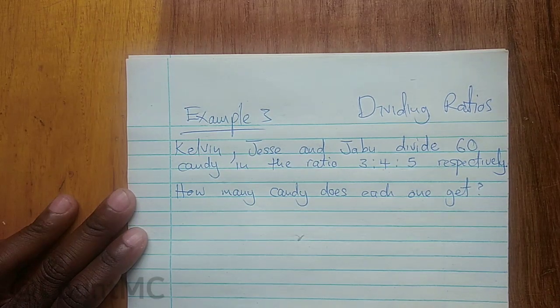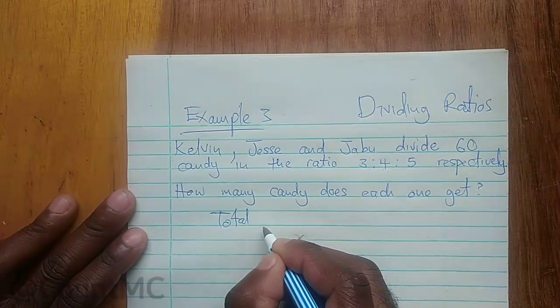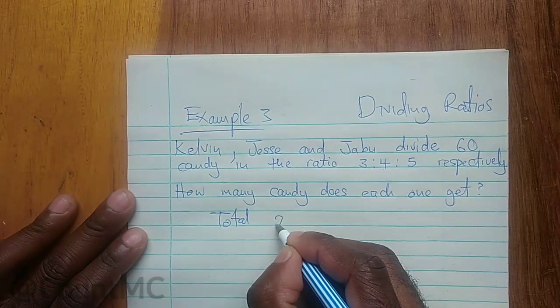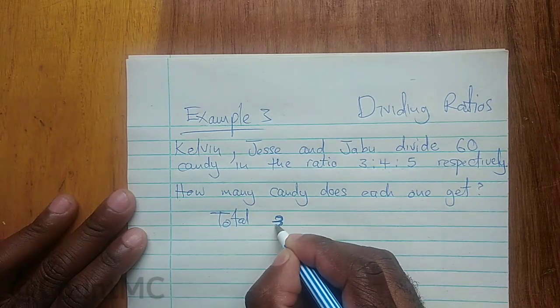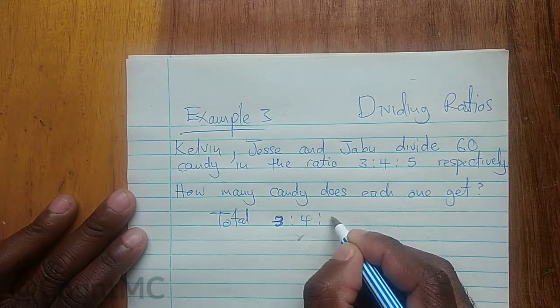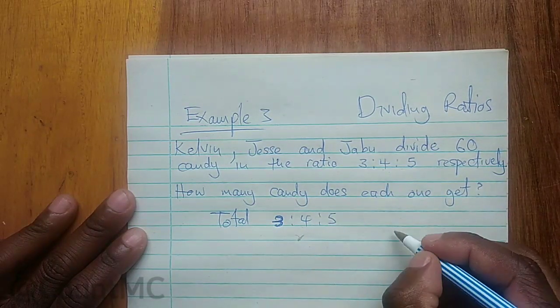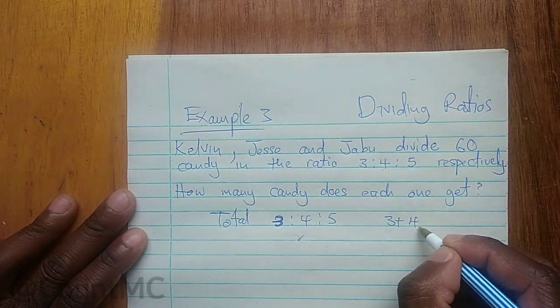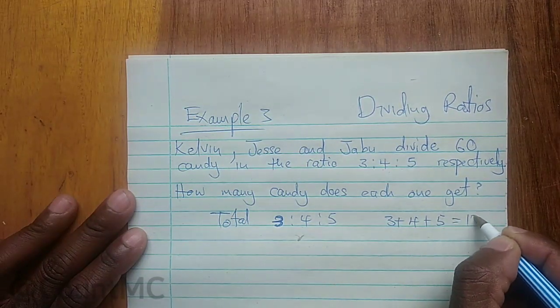So remember, we should always find the total first when you are dealing with divisions or sharing in a ratio. The total of the ratios. Remember, we are doing 3:4:5. So you add them. 3 plus 4 plus 5 is equals to 12.